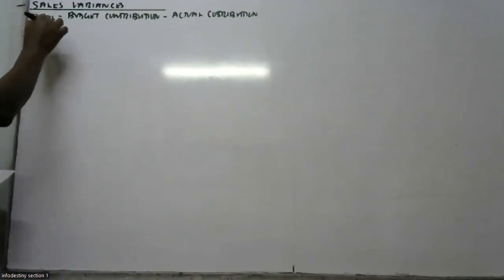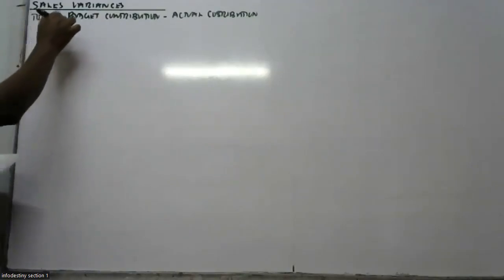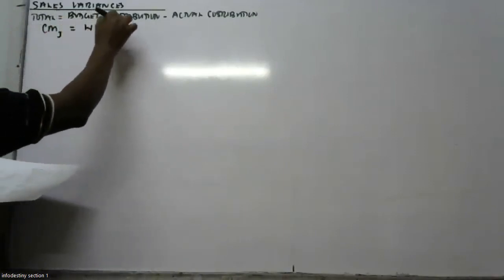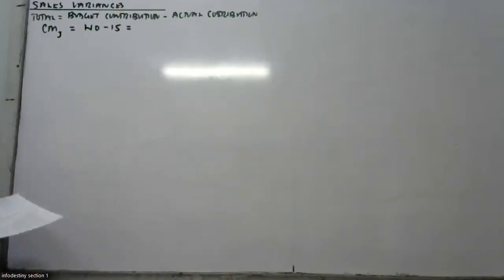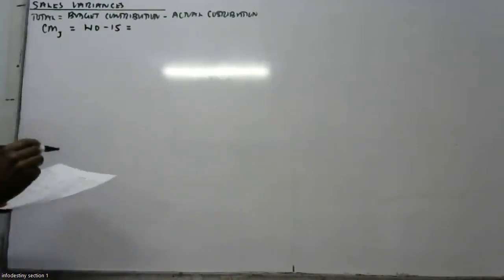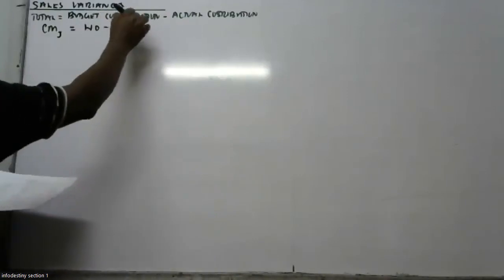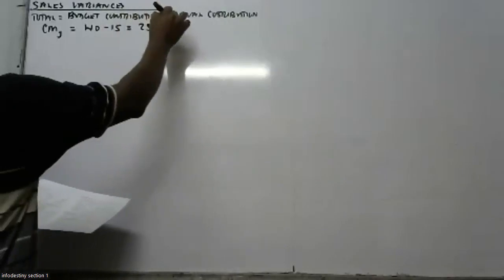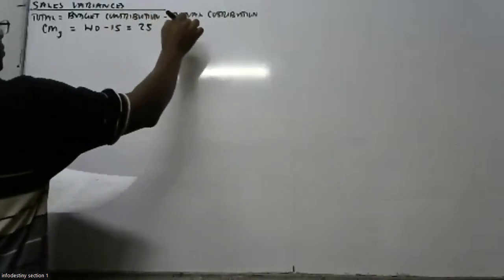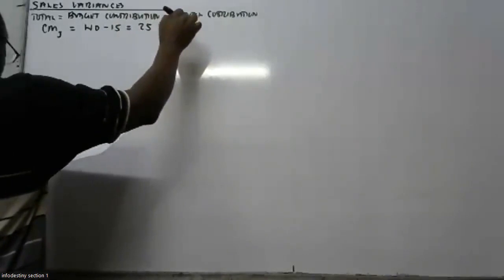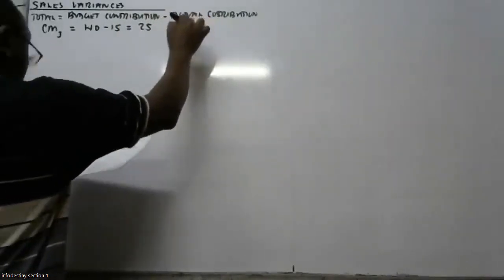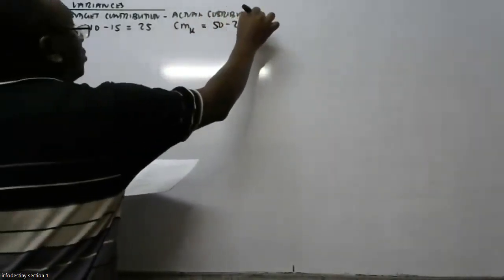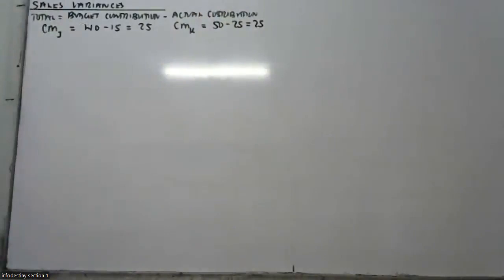The contribution margin per unit of J is 40 minus 15, that gives us 25. And the contribution margin per unit of product K is 50 minus 25, so that gives us 25.